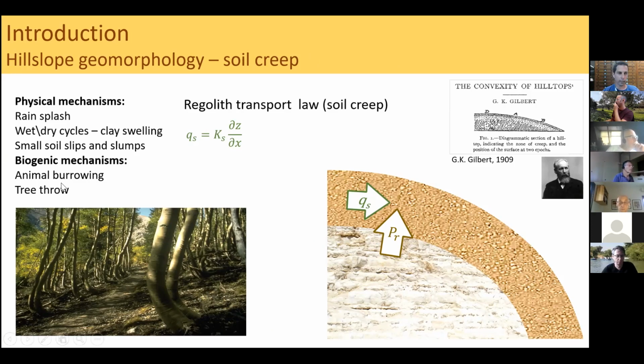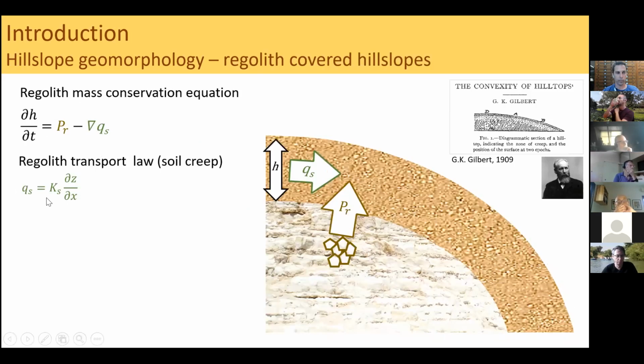There are many mechanisms that can drive it, like rain splash, wetting and drying, and expansion of clays in the soil, small soil slips, freezing and thawing of ice, and also biological mechanisms like animals burrowing and tree throw, and you can probably think of many more. Okay, so this is soil creep, and this is the transport law I'm using to describe it.